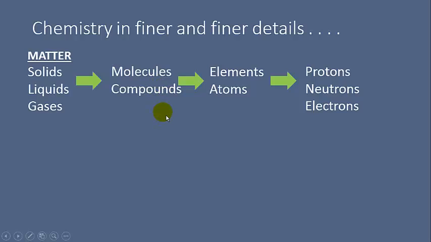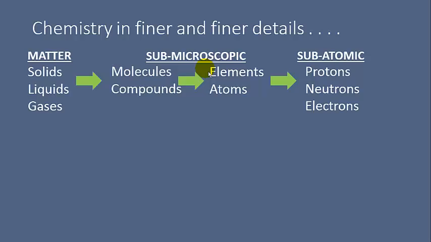But then as we go finer and finer into detail, we lose some of that ability for description. Submicroscopic is how I define these finer and finer details of matter, because we really can't see these under a microscope. And then we have the subatomic world, protons, neutrons, and electrons. This is something that has its own math, the math of quantum mechanics, quantum physics.